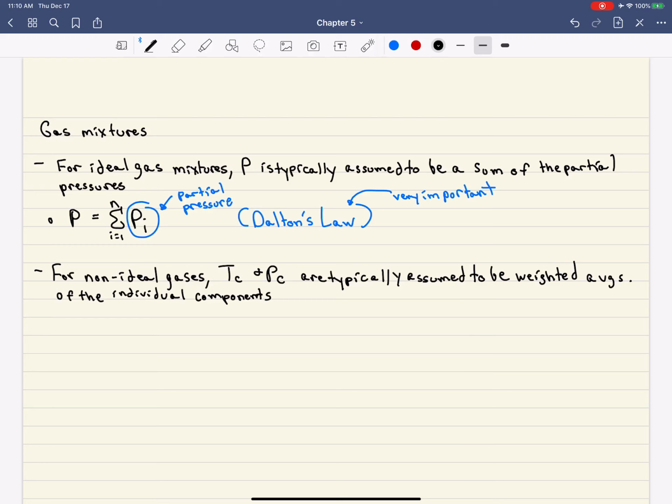By that, what I mean is Tc is equal to the sum of the mole fraction of a particular chemical species in the gas phase times that chemical species' critical temperature. And then it's the same thing for Pc.